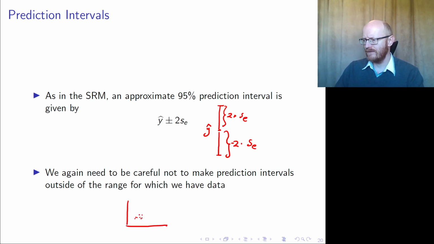So if you have data in this range of y and one of the x's, and suddenly you want a prediction for this point, this circle, then you are extrapolating.